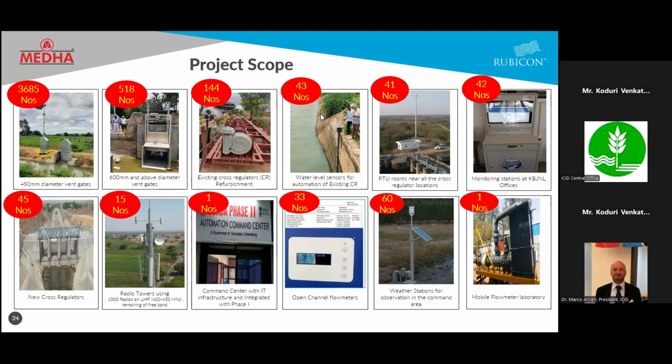One command center in the same building of the department was allocated, from which the operations are taken care of to date. 33 open channel flow meters were there, for measuring flow at channels where cross regulator structures were not available, and 60 weather stations were there to identify the local weather networks and the soil moisture in that area. And one flow meter laboratory was also part of the scope.